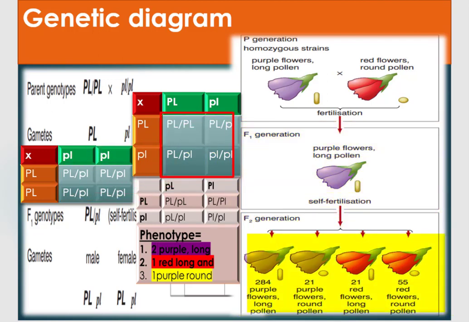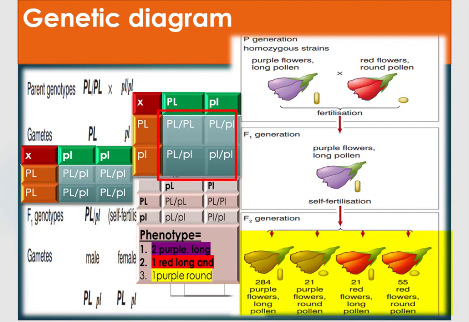When Bateson and Punnett let heterozygous strains of the F1 generation self-fertilize or self-pollinate, their probable offspring could be capital P capital L slash capital P capital L, capital P capital L slash small p small l, capital P capital L slash small p small l, small p small l slash small p small l.